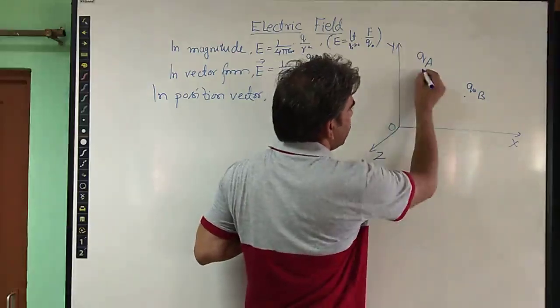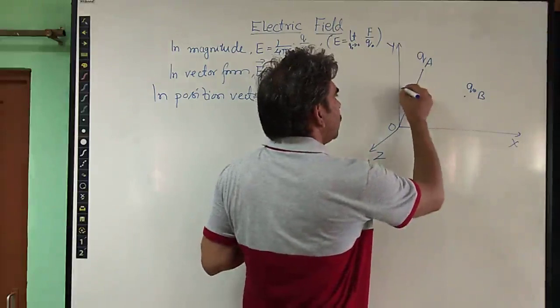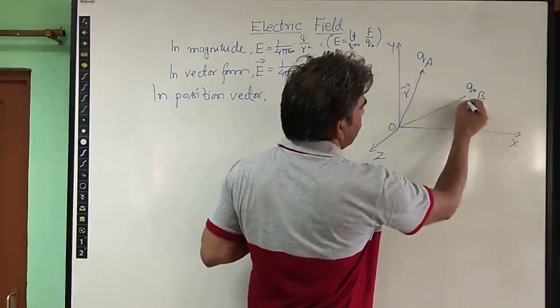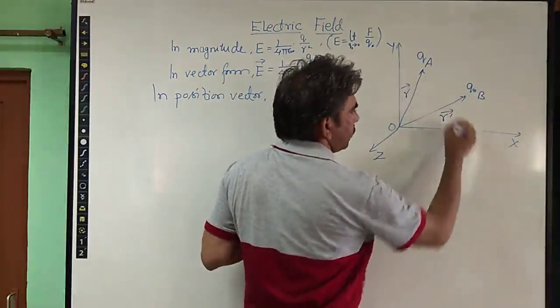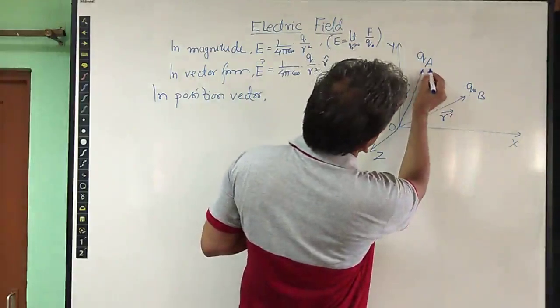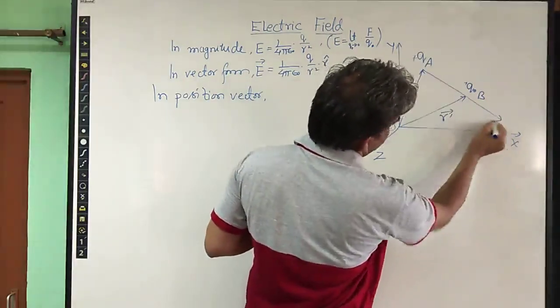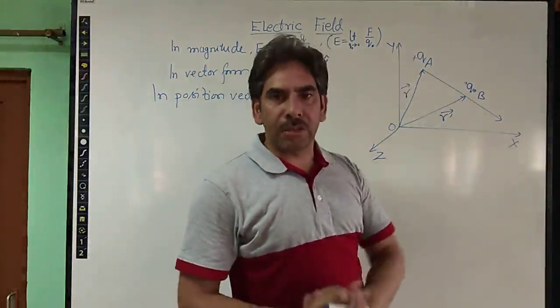According to this origin, this is the position vector of the source charge, r vector, and this is the position vector of the test charge, r dash. We can take both as positive, so the electrostatic force will point away, and the electric field will have the same direction as the electrostatic force.